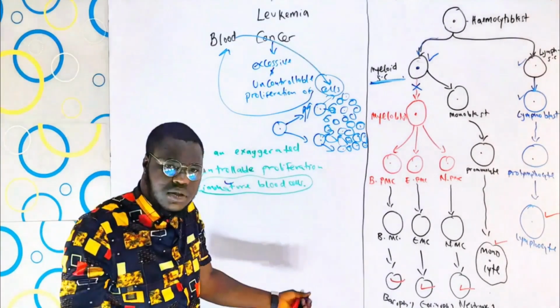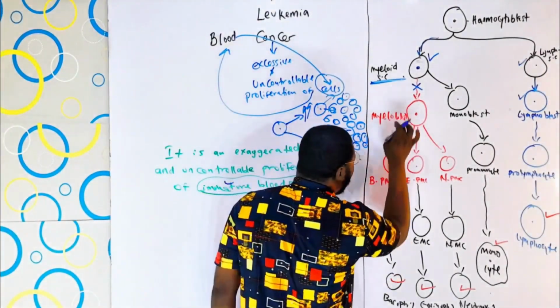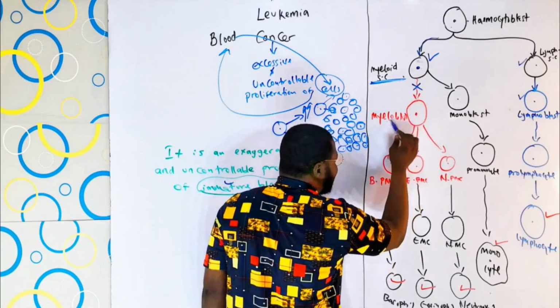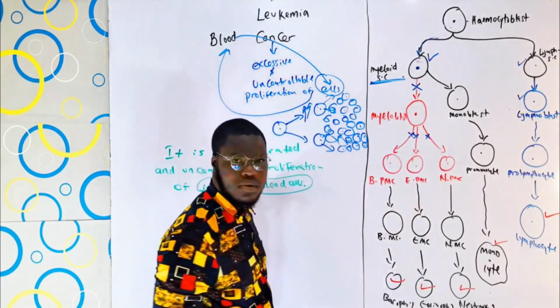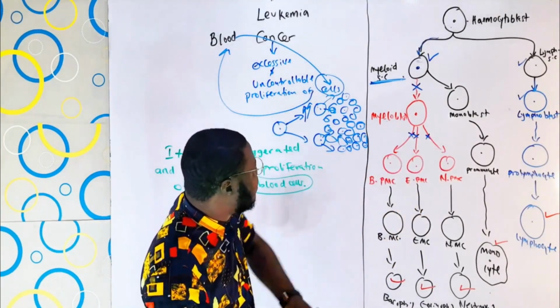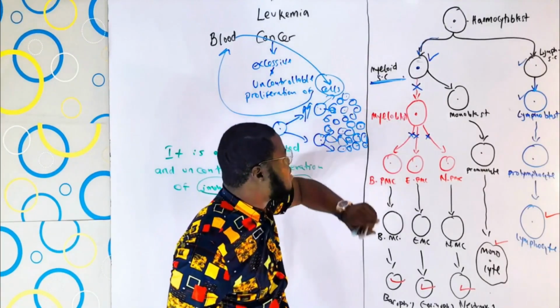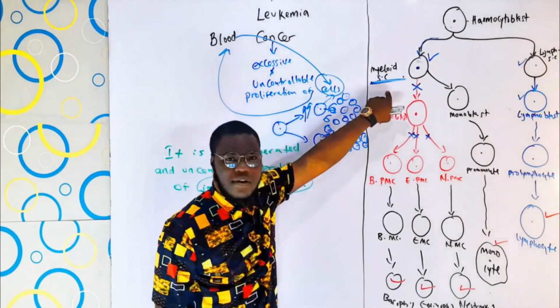Just think of that. Imagine that something happens to the myeloblast, if at all it is formed, and it prevents these myeloblasts from moving forward through all the stages. The point is, if something is arresting this growth, it means the hemocytoblast will only be producing more myeloid stem cells.